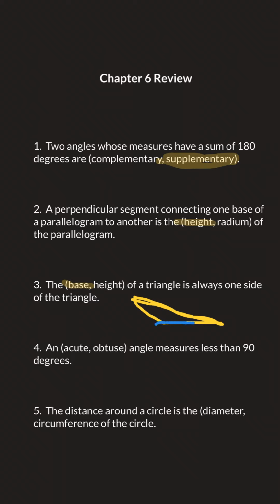This is the base. The height for this one is going to be from the vertex down, which is not a side of the triangle. Therefore, it is the base.